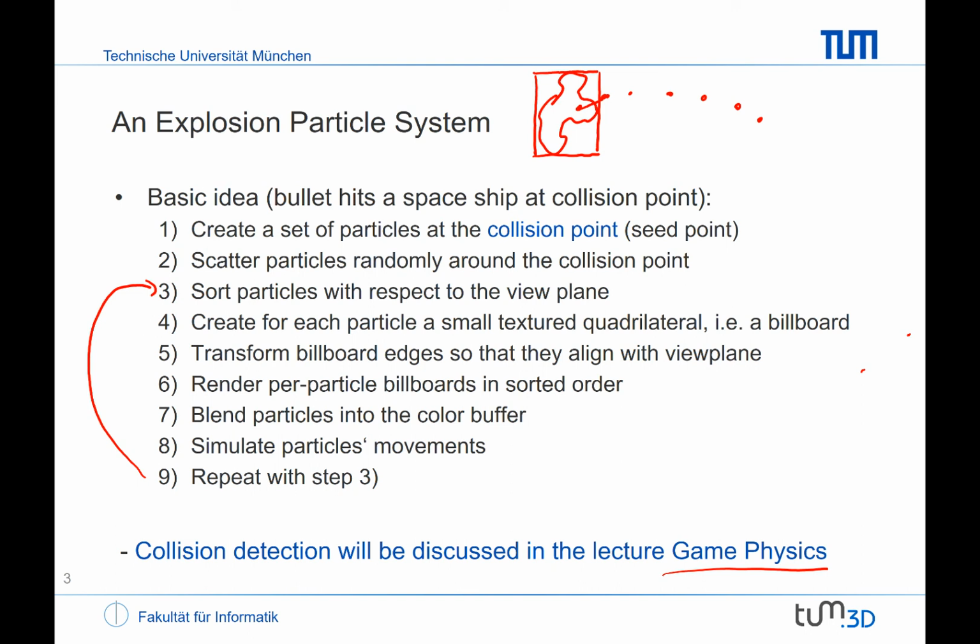That can easily be computed if we assume, for instance, that this is the x coordinate axis and the y coordinate axis. Then this bounding square can simply be computed by looping over all the vertices of the object and determining the minimum x and the maximum x coordinate of all the vertices, and the minimum y and the maximum y coordinate of all the vertices.